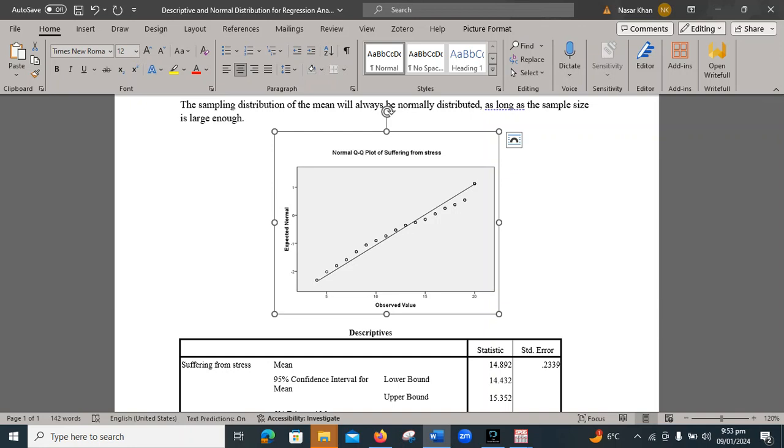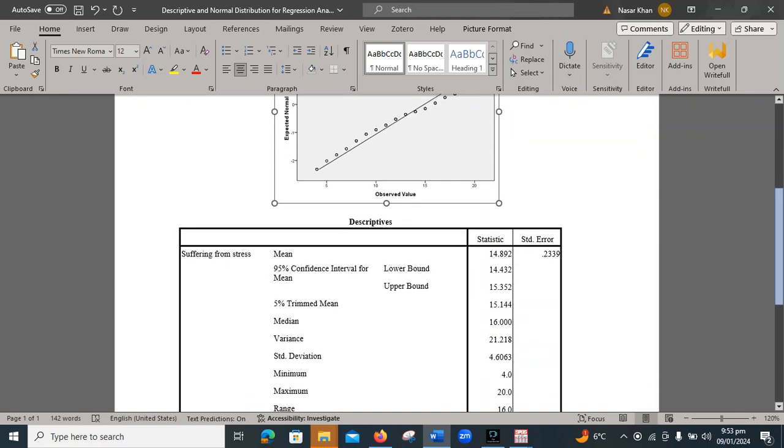If these dots are placed near the line, then the data is normally distributed and you can carry on your regression analysis. If these dots are placed away and scattered around the 45-degree straight line, then the data is not normally distributed. And there is a problem with data, so your regression analysis will not provide valid findings.